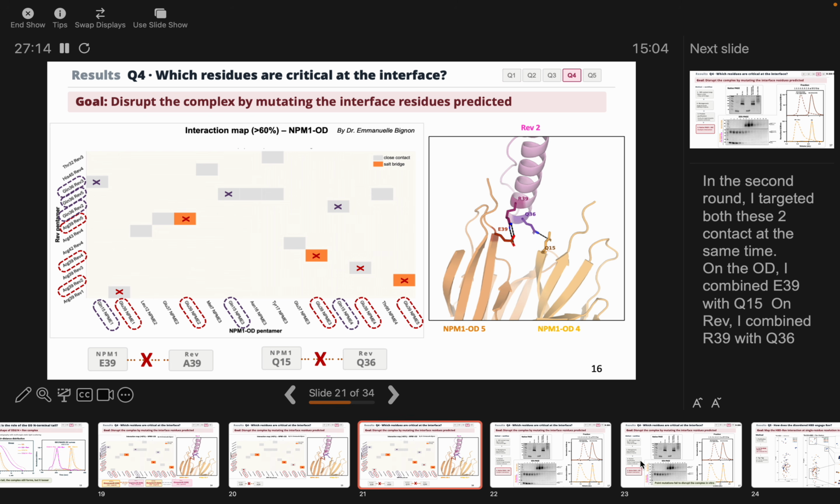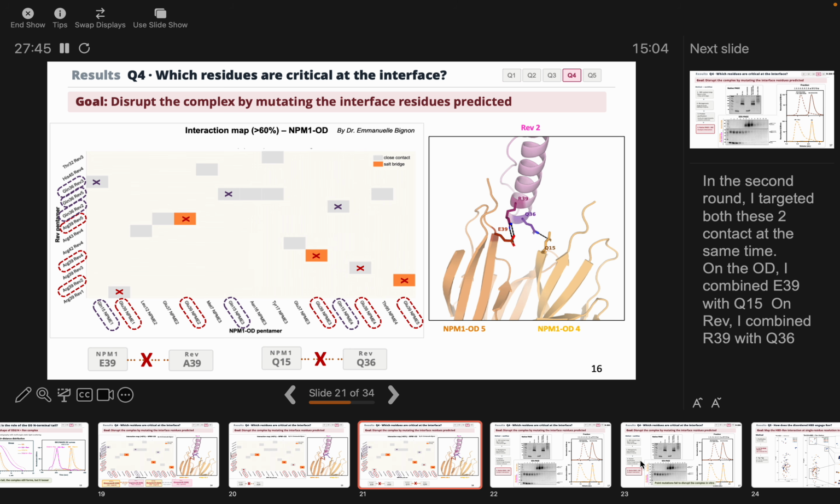We observe that some residues of each monomer are involved. 3 of them involved in salt bridge, the other in close contact. So we first decide to mutate the first set of residues in red, that's destroying the salt bridge, but also some of the close contact.